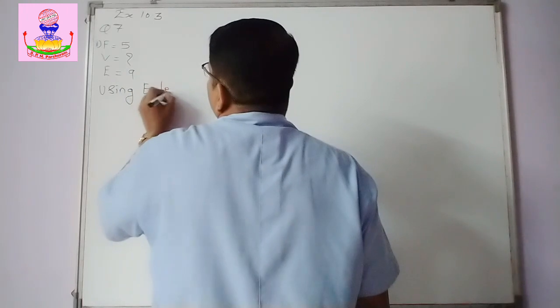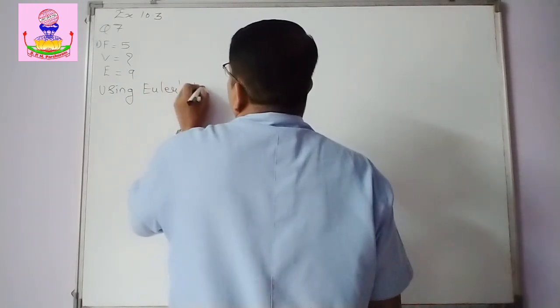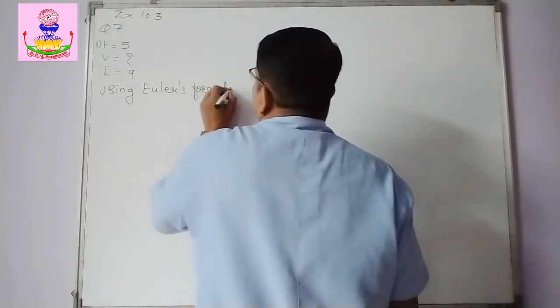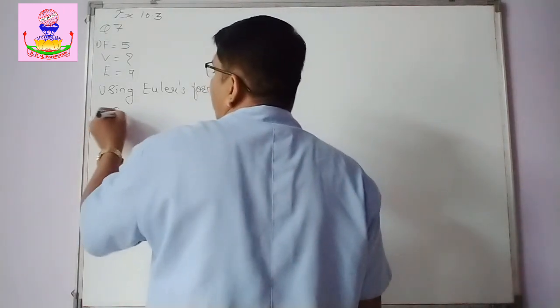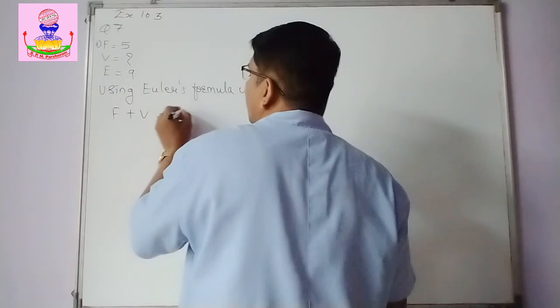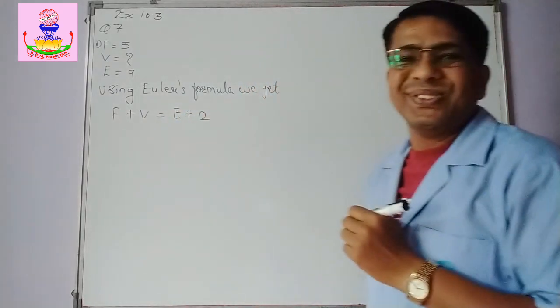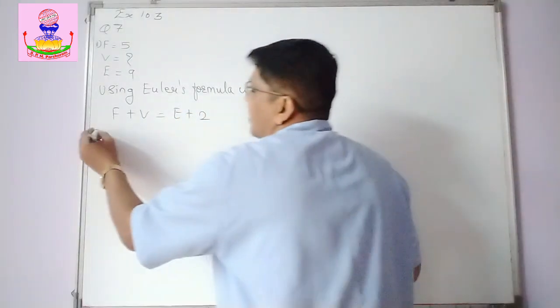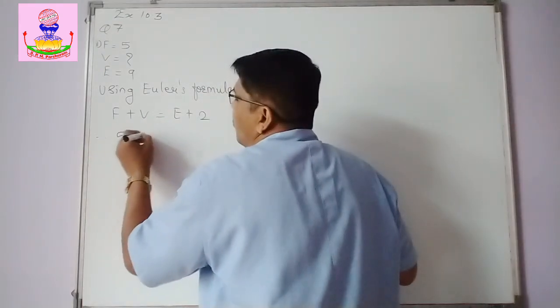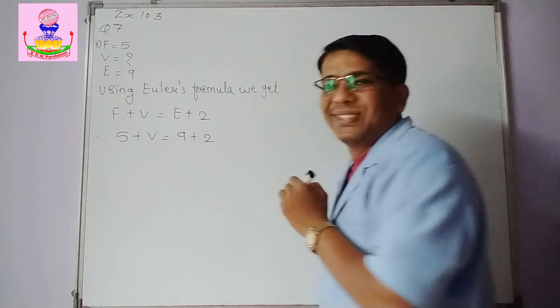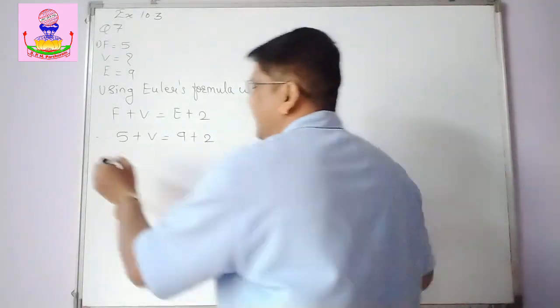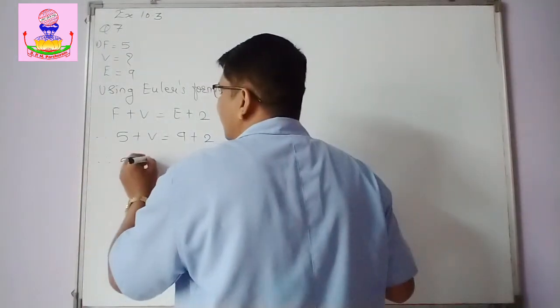Using Euler's formula, we get F plus V is equal to E plus 2. Now I know F, what is F? 5. V I don't know. E is 9. So 9 plus 2, oh yes, 11.